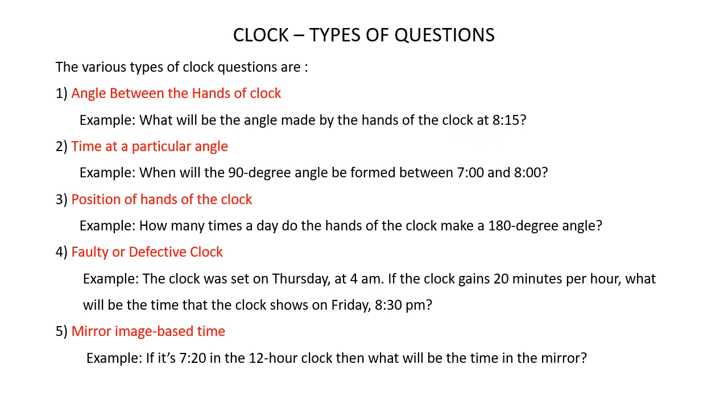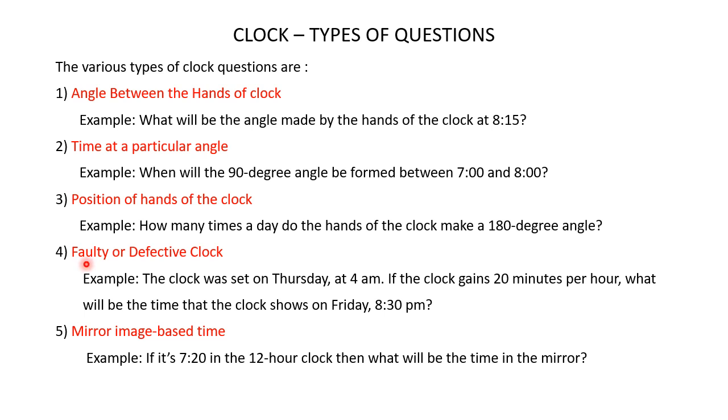The second type is time at a particular angle. For example, when will the 90-degree angle be formed between 7 o'clock and 8 o'clock? The third type is position of hands of the clock. For example, how many times in a day do the hands of the clock make a 180-degree angle?